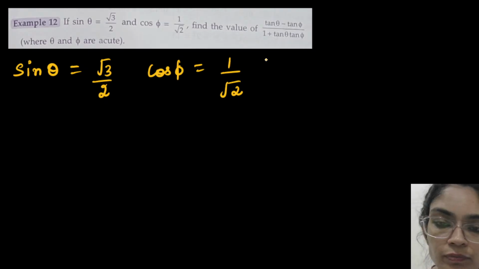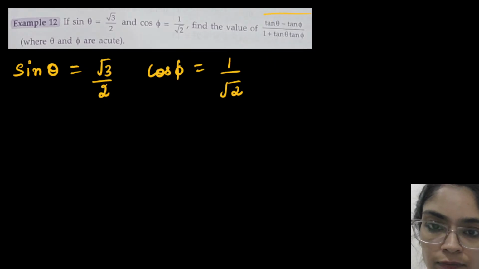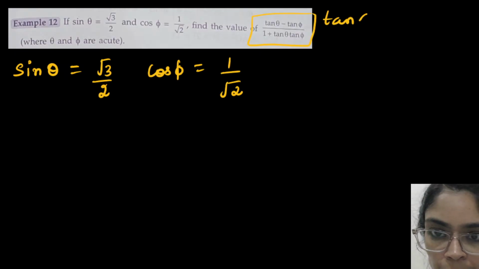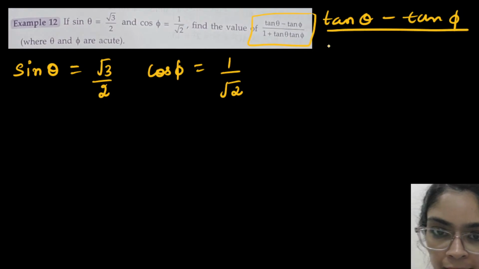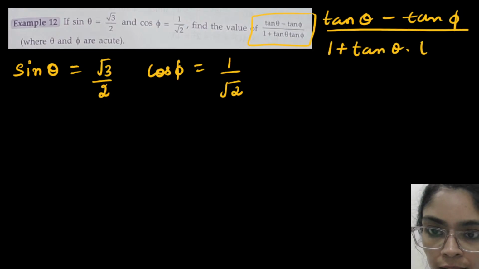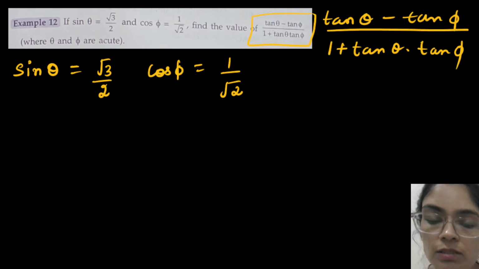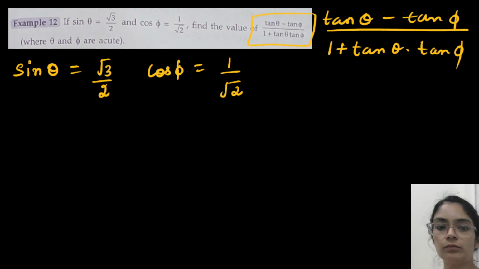We have to find the value of this expression: tan theta minus tan phi by 1 plus tan theta into tan phi.